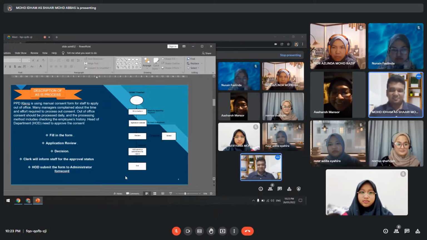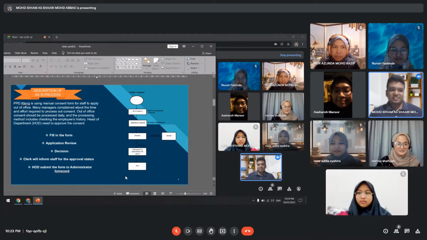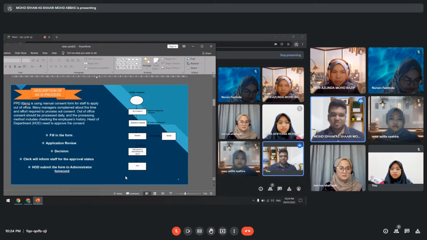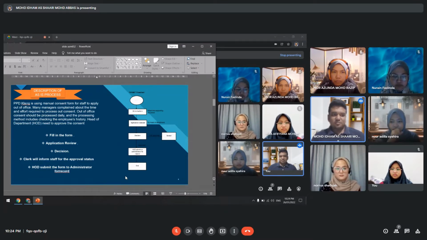Assalamualaikum, Madam. My name is Muhammad Idham Ashari and I will present the description of the as-is process. Currently, PPD Klang is using a manual consent form for staff to apply for out of office. Many managers complain about the time and effort required to process out of office consent. It should be processed daily, and the processing method includes checking employees' history.